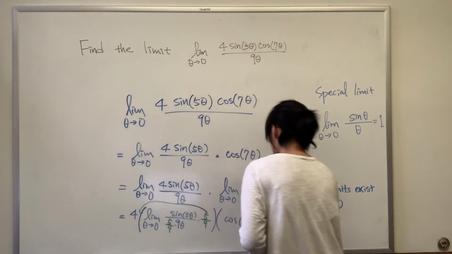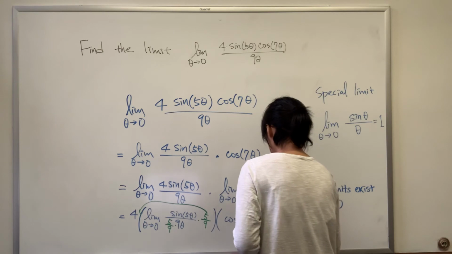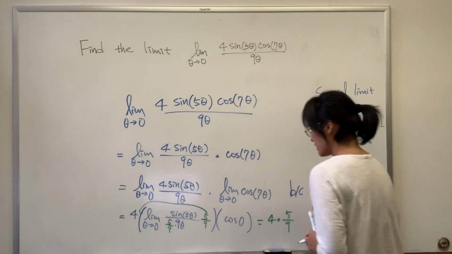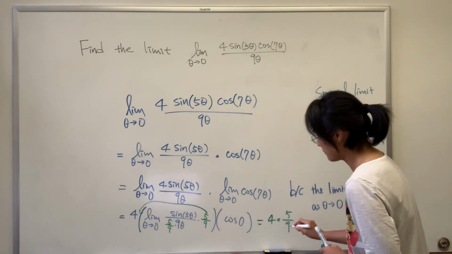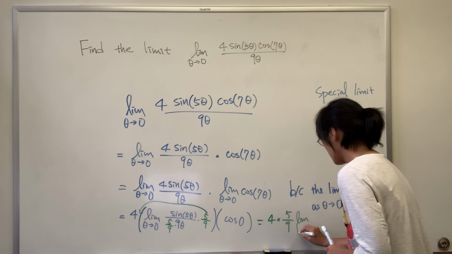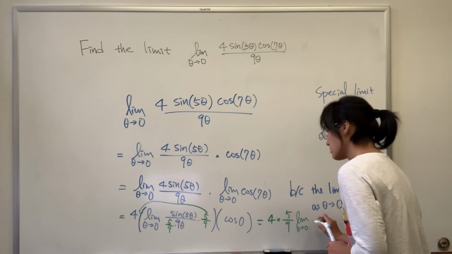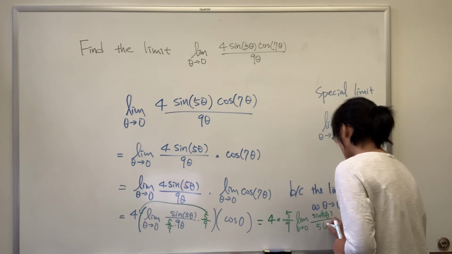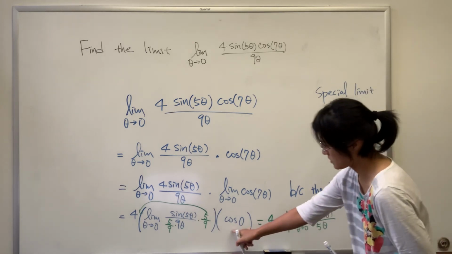So I write this as 4 times 5 over 9, and then I have the limit of theta approaching 0 of sine of 5 theta over 5 theta, times 1, okay?